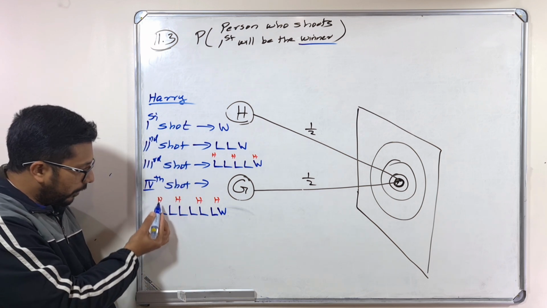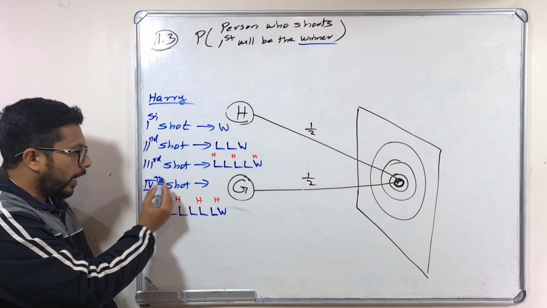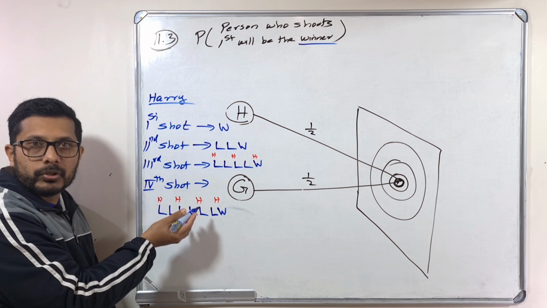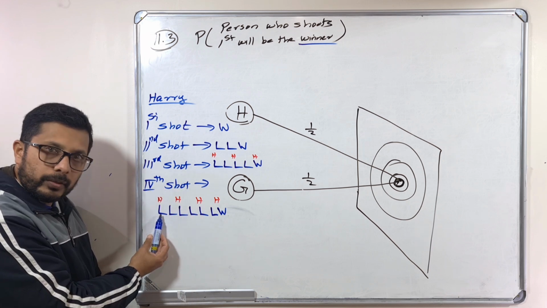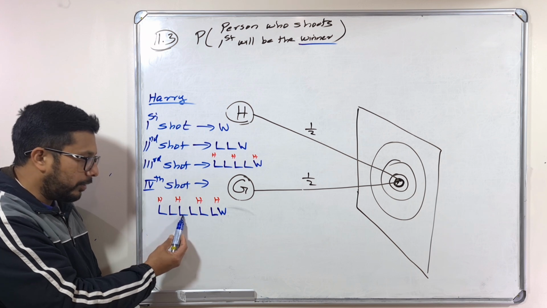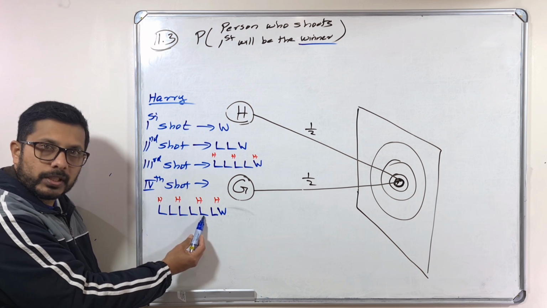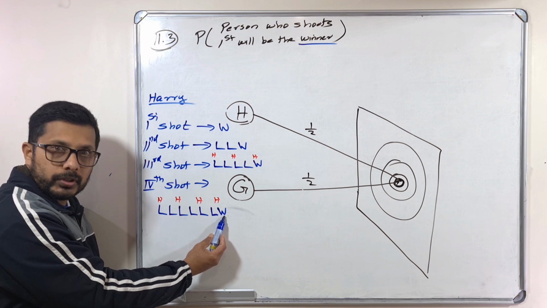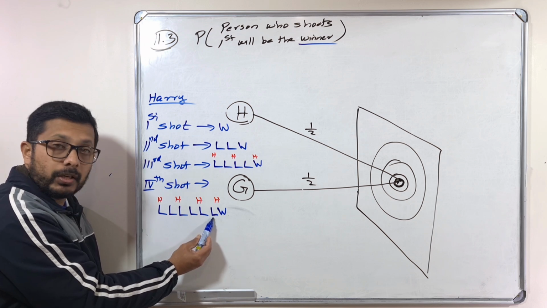So look at this one. We are talking about Harry's fourth shot. When will he get that fourth shot? First shot Harry missed. Second shot Harry missed. Third shot Harry missed. Then only he will get the fourth shot, if Glenda missed here also.